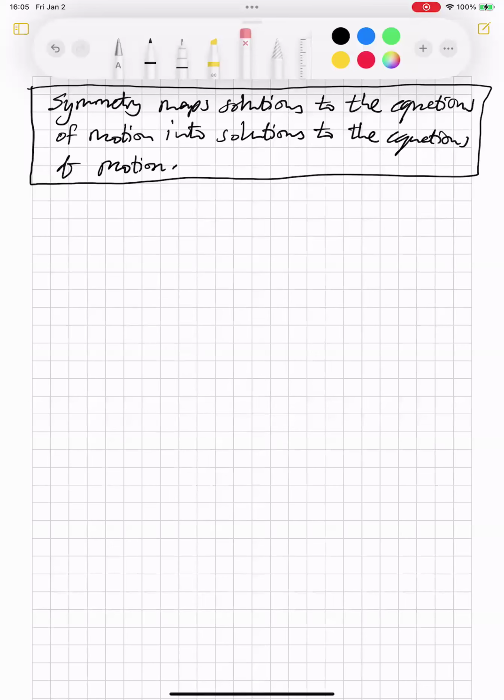Now, what is the relation between a solution to the equations of motion and the action? Well, if you remember the Euler-Lagrange equations, and remember the Euler-Lagrange equations are our equations of motion.